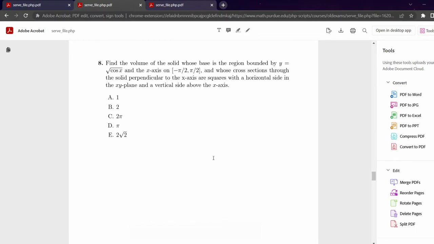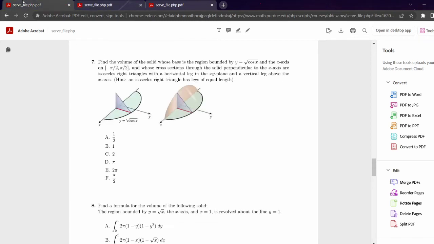For number 8, if we read the question, right, it's y equal to square root of cosine x, and it's from negative pi over 2 to pi over 2, and it's sort of like there's shapes coming out of the graph, and if you recall, this is very similar to the last exam's number 7, right?